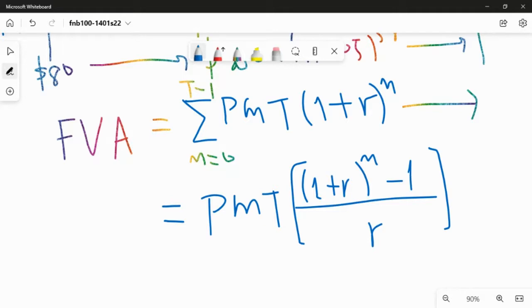Think about it, if you don't use the summation sign, you're going to have 60 terms of that, right? Later, when we have time, I'm going to show you how this formula was derived. But this is basically how we find the future value of annuities.